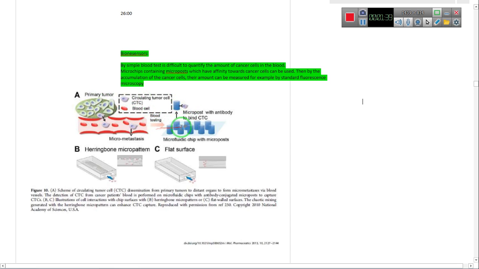So when the tumor cells are passing, they will stick to these microposts, and after that you can measure the amount of the cancer cells which have been stuck to these microposts to have a quantitative measurement of the amount of tumor cells which was previously in the blood which flew here.